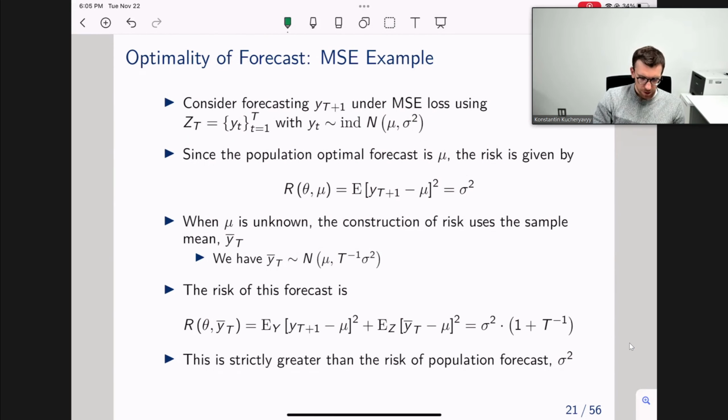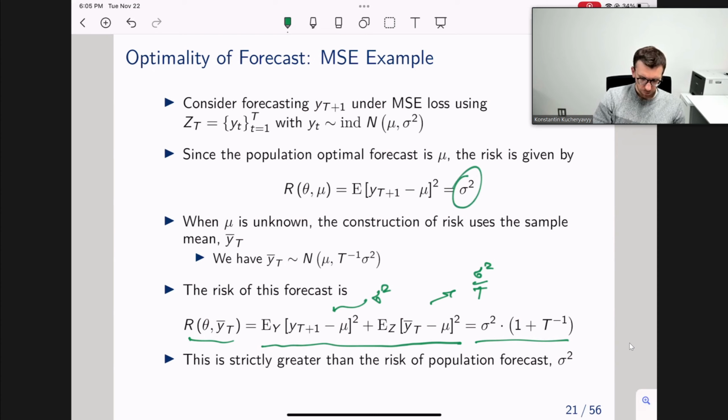Then for the risk of this forecast, we can again do the trick with adding and subtracting mu, as we did with the quadratic loss when we were calculating the optimal loss. It will be equal to this, which is equal to this. So this is sigma squared, and this is sigma squared divided by T. And so the optimal forecast on the population is this.